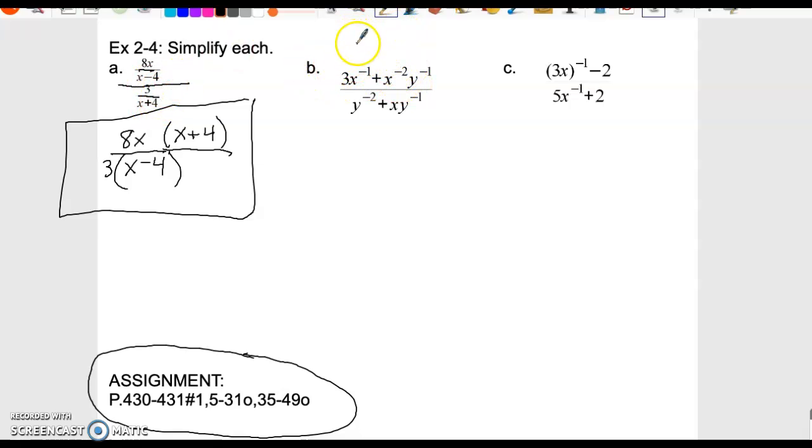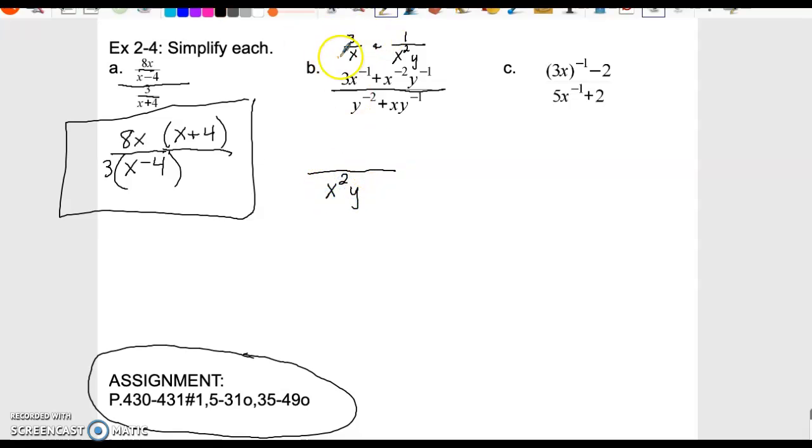Now letter B, it might be worth your while to rewrite the numerator, because remember x to the -1 power means 1 over x, and same thing with this one. This means x squared y. So if you were trying to rewrite the numerator with just one fraction, the least common denominator is x squared y.